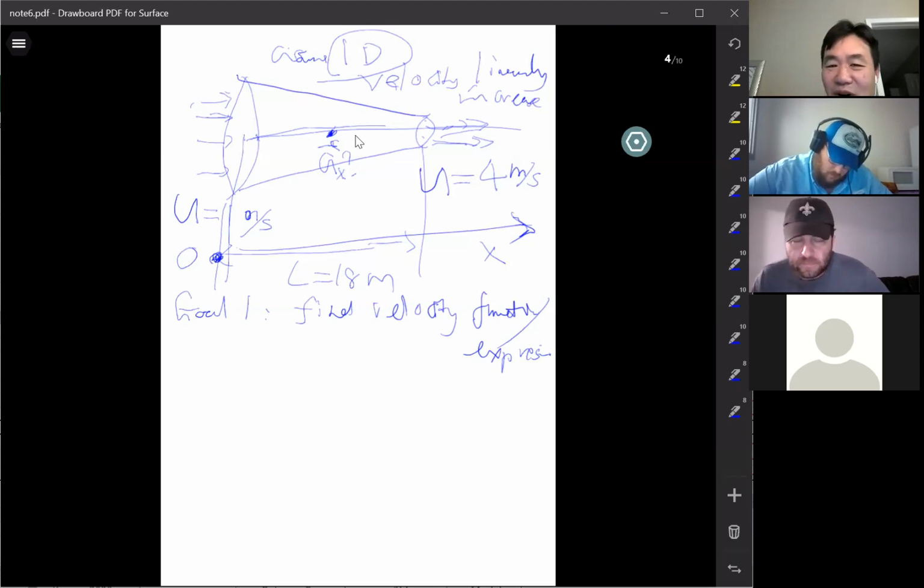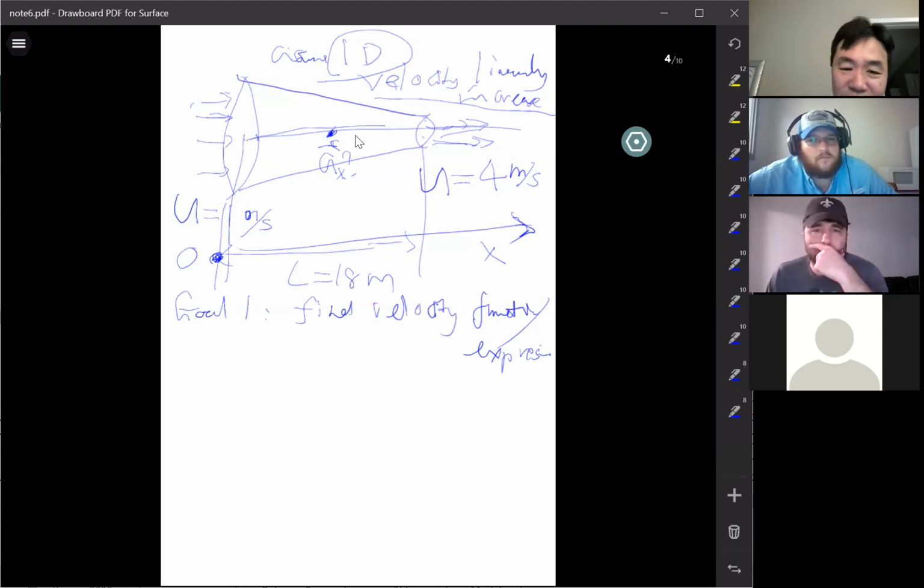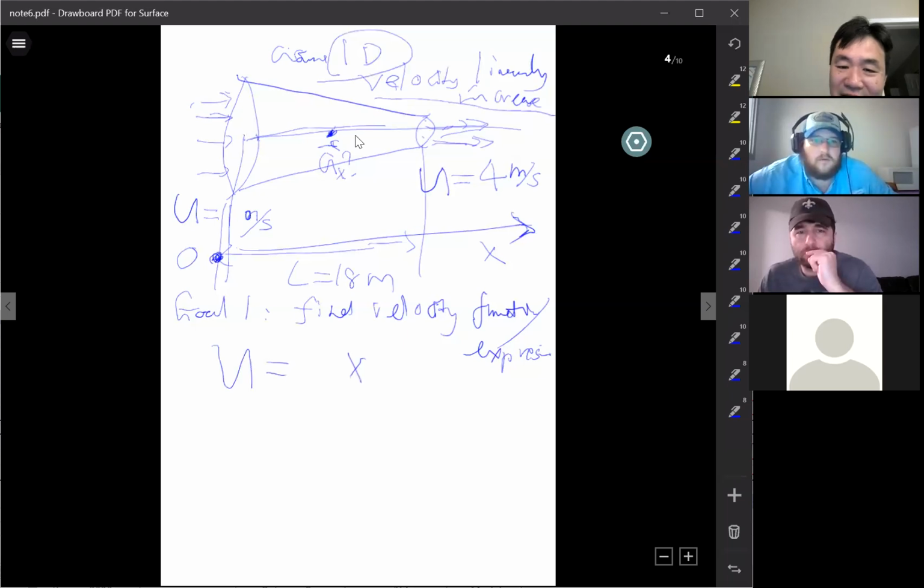My only hint here is a linearly changing velocity. So it's a linear function for velocity. What is the form of the linear function? So u changes linearly with x, is that right? So what does the general linear function look like?